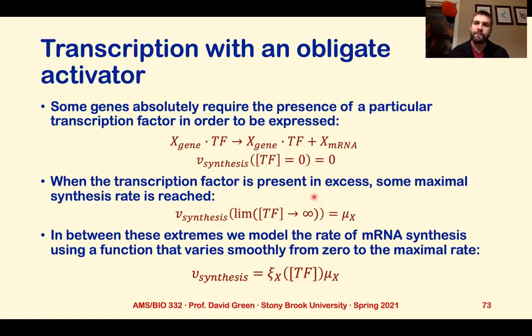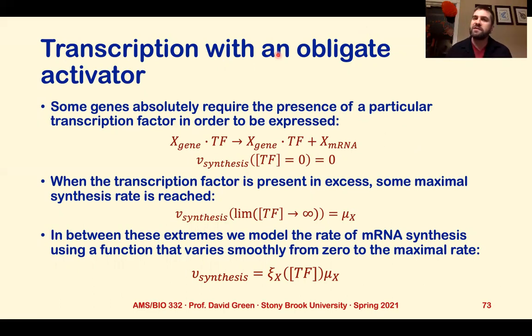Okay. Now, what about activation? There are some genes that absolutely require the presence of a certain transcription factor in order for transcription to work. This is what we call an obligate activator. There are other kinds of activators that simply speed up the process, but in the absence of the activator, the gene can still be expressed at a lower rate.